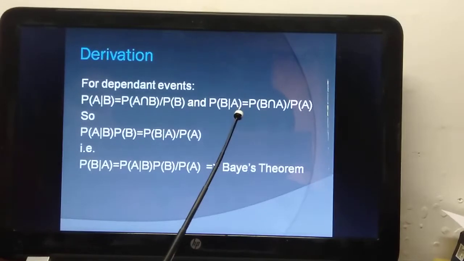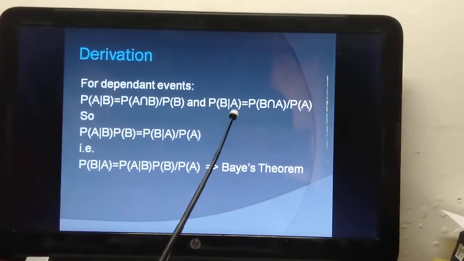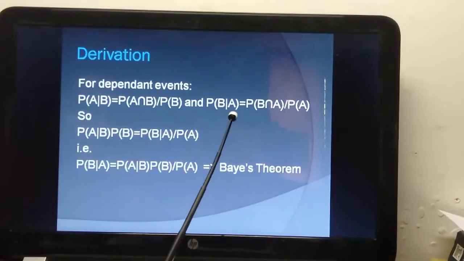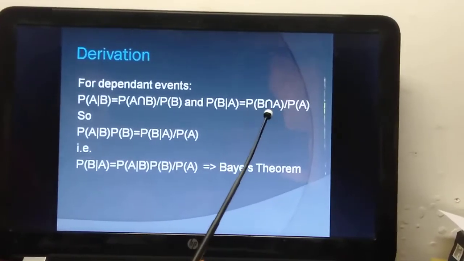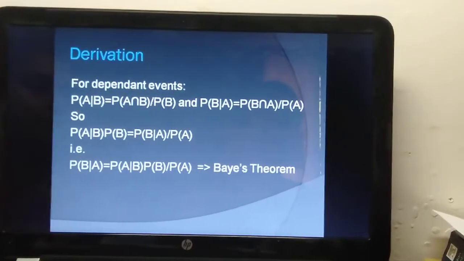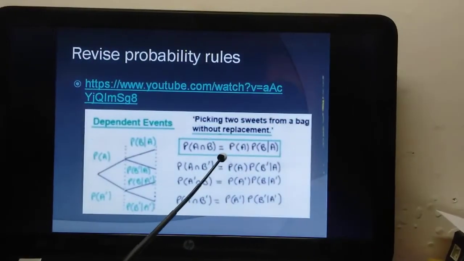Okay, similarly over here we have probability of B given A is equal to probability of B intersection A divided by probability of A. This is derived from this equation.